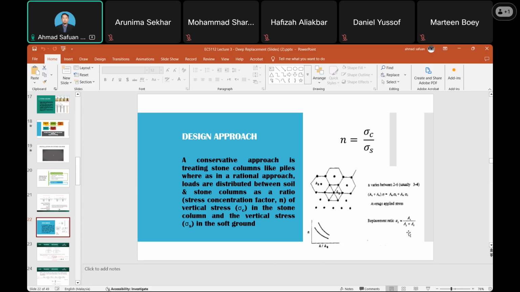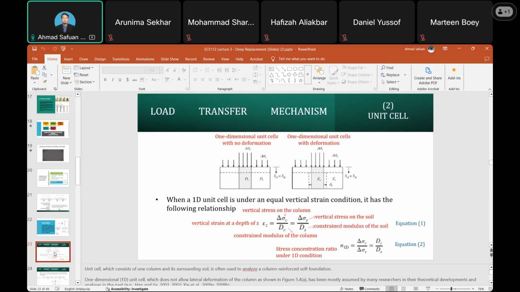Then we have another one, the load transfer mechanism by assuming a unit cell. One-dimensional unit cell with no deformations, and one-dimensional unit cell with deformations. When a one-dimensional unit cell is under an equal vertical strain condition, it has the following relationship.